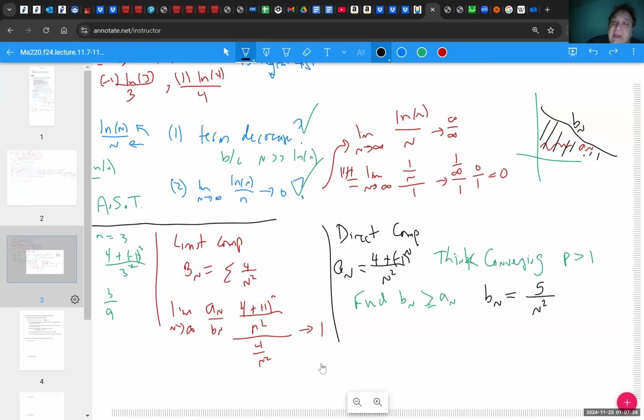So now we need to look at this bn thing. The series of bn converges by the p-series test. And that p-value is equal to 2, which is greater than 1. Right? If you have a p-value greater than 1, you know that it converges.